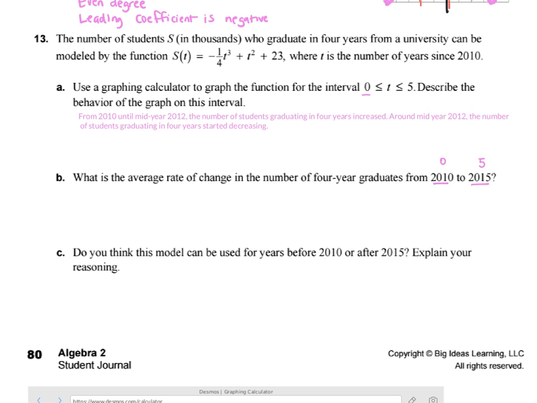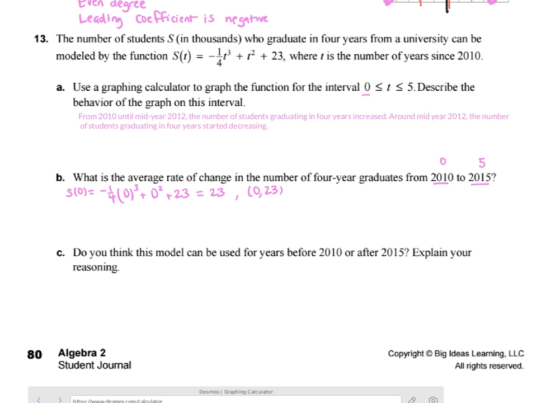We need the y values, so we're going to plug these numbers into the function that was given to us. So S of 0, we're going to go ahead and plug in 0. When we plug in 0, we get 23. So one of our ordered pairs is (0, 23).